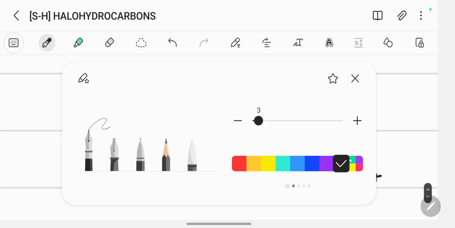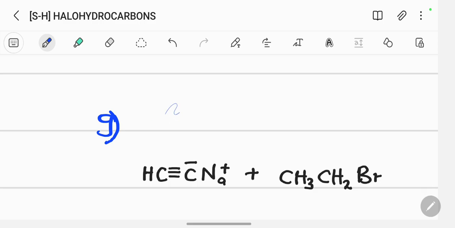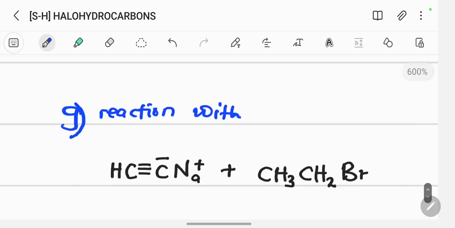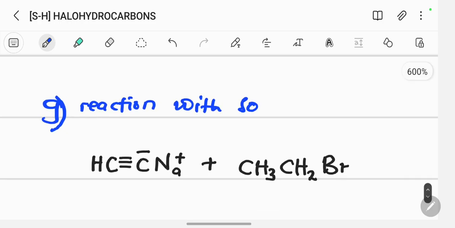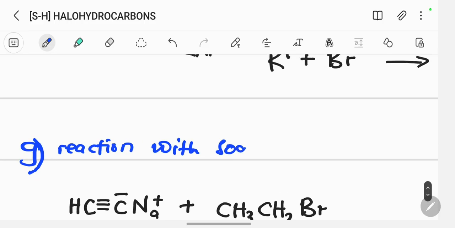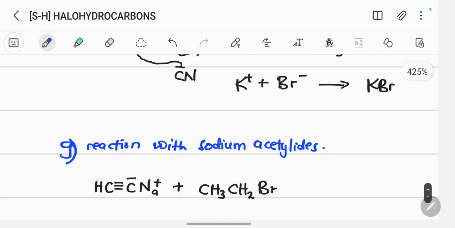By the way, we've not named this one's reaction with sodium acetylide, like that.